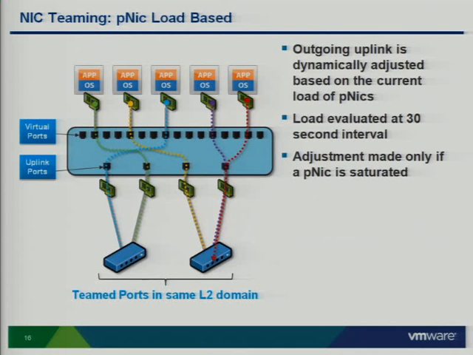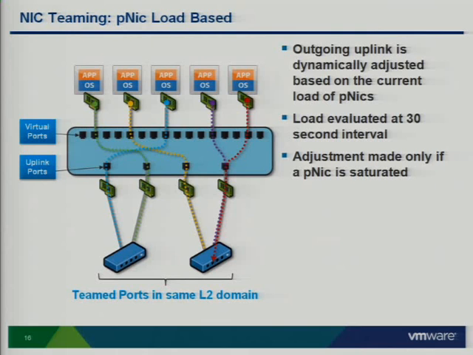We do the accounting in terms of how much traffic on a given pNic is coming from a specific VNic, and we do the adjustment so that after the adjustment, none of the pNics is saturated anymore.